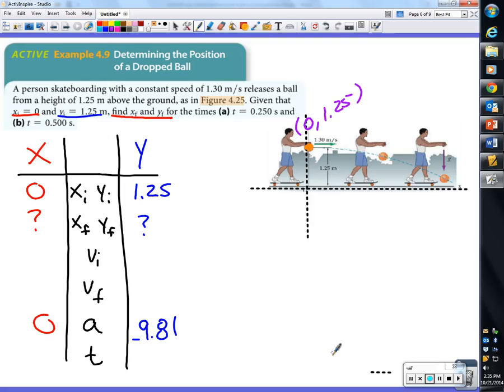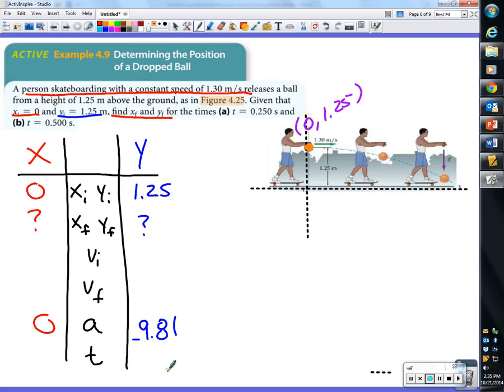This one gets a little bit trickier, all right? It says, person skateboarding with a constant speed of 1.30 meters per second. That's how fast the person is moving. But if the person is carrying the ball, and the person is moving at 1.30 meters per second, guess how fast the ball is moving? 1.30 meters per second.